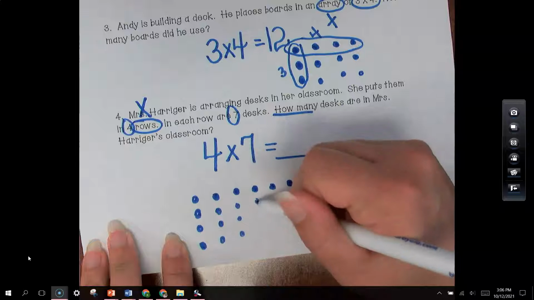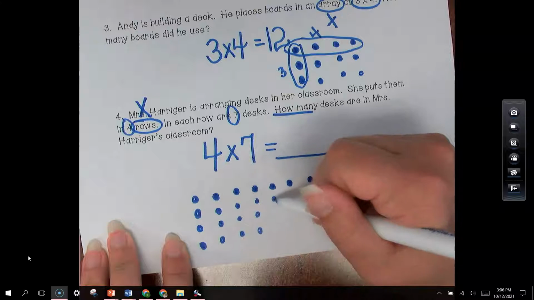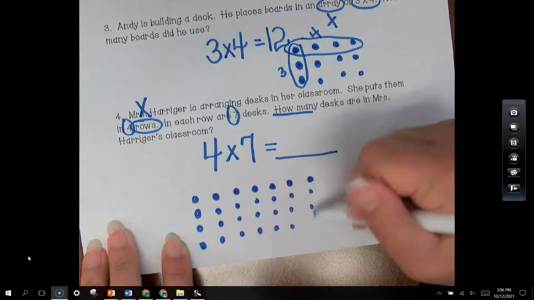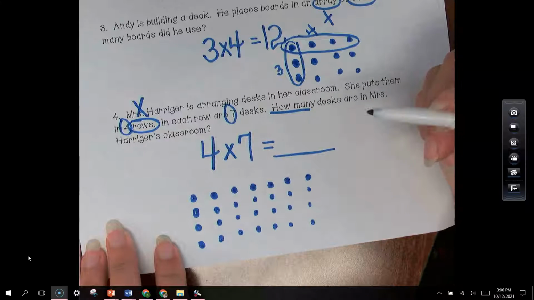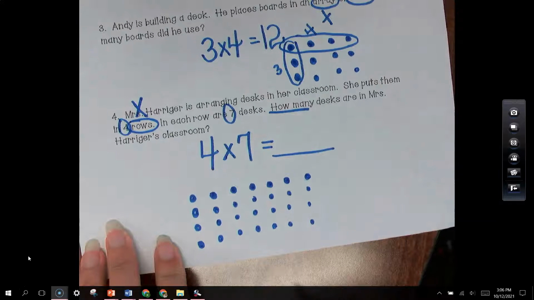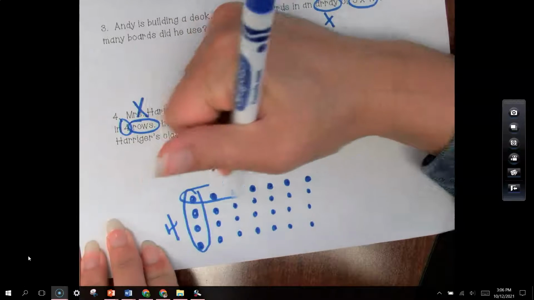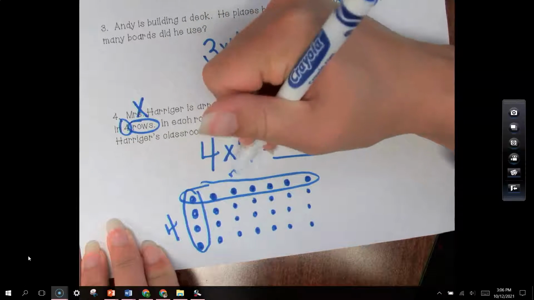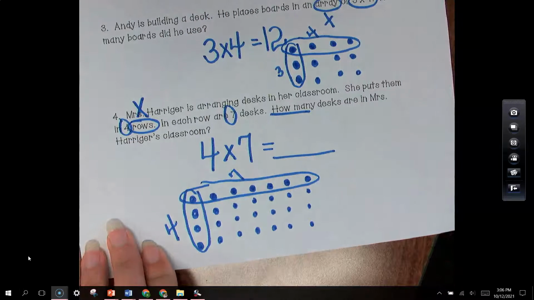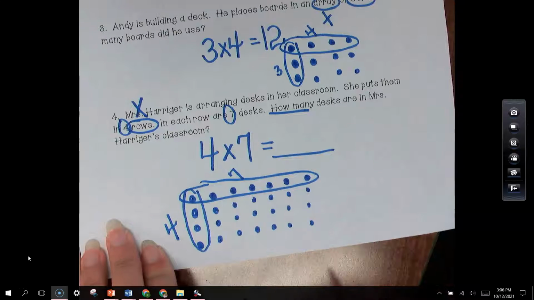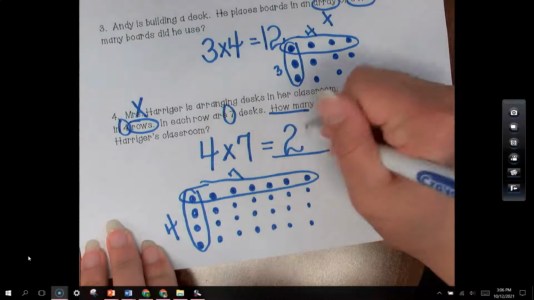So again, if I do my first one very nice and neat, I won't have any problems. Pause the video now and finish your array. So what you guys just did was 4 rows of 7. Okay, 4 rows of 7. So what is 4 times 7? Pause the video, count your dots. You should have gotten an answer of 28.